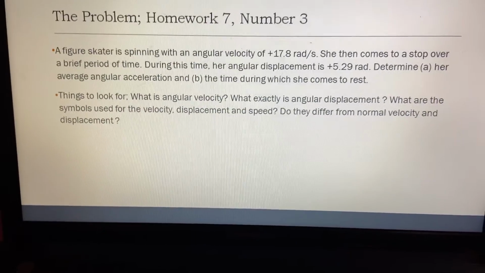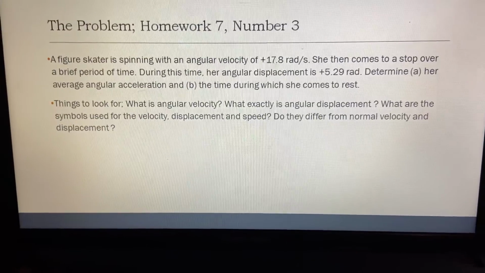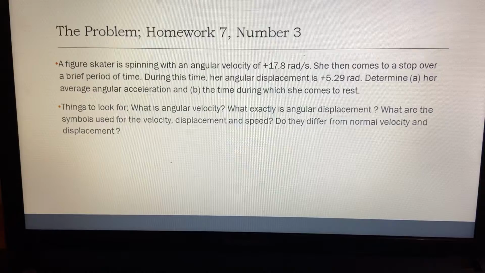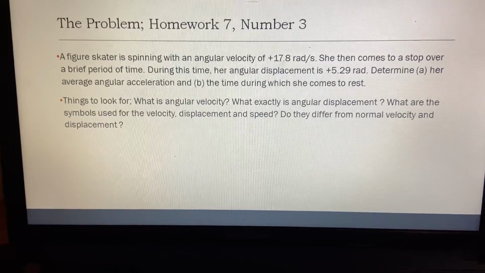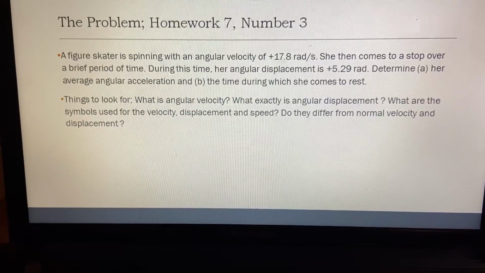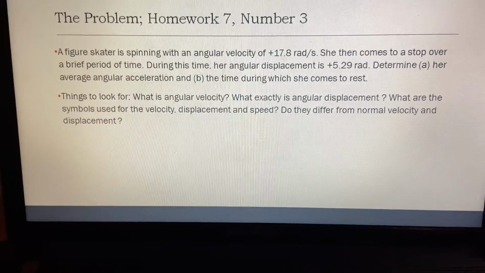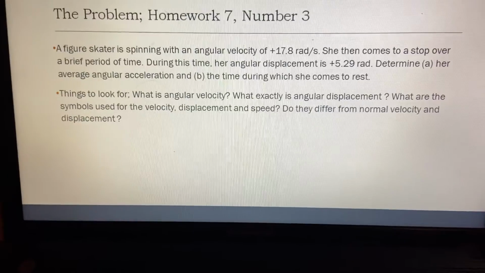So, I've laid out at this second point the things that we should be looking for, because I think whenever you go about tackling a problem, you should lay out the things that you know and the things that you don't know. So, what we're looking for, we need to find her angular velocity, what her angular displacement is, and what are the symbols that we use for velocity, displacement, and speed.